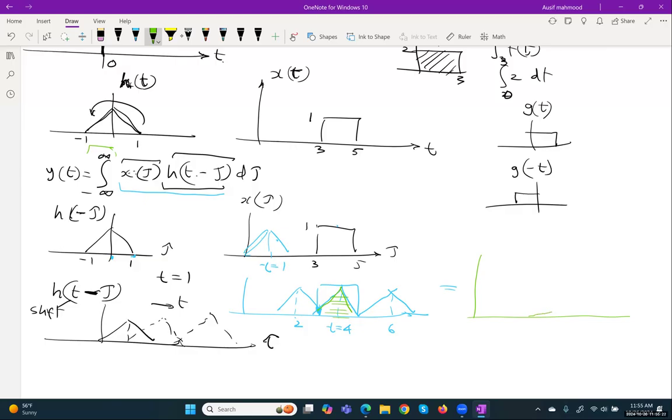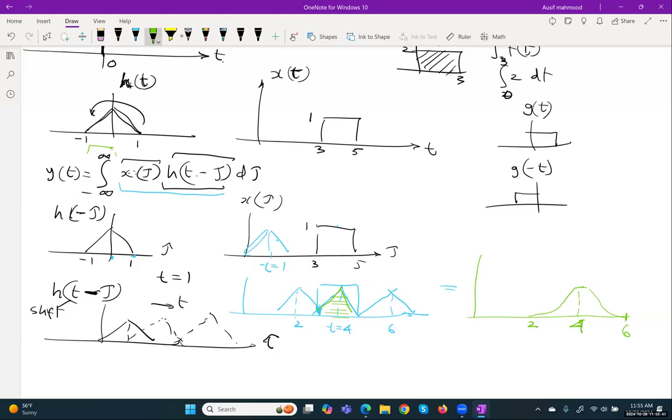Maximum overlap will occur at t equal to 4. Okay, then because now it is moving away, at t equal to 6, it will go back to 0.